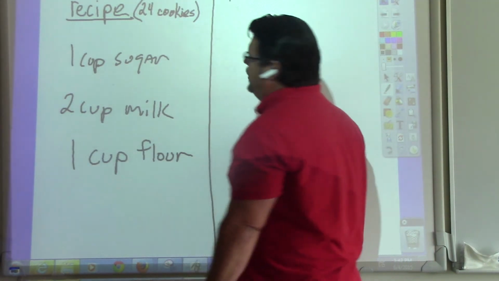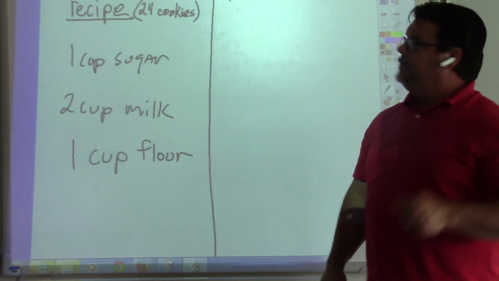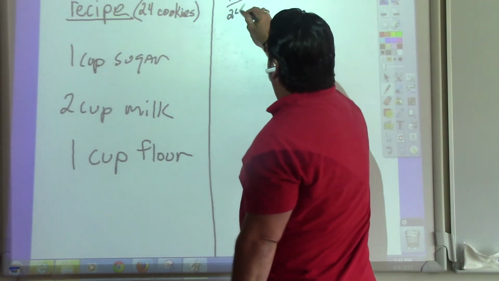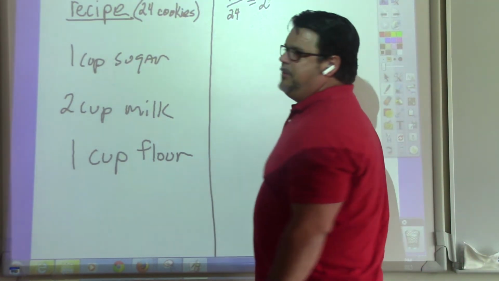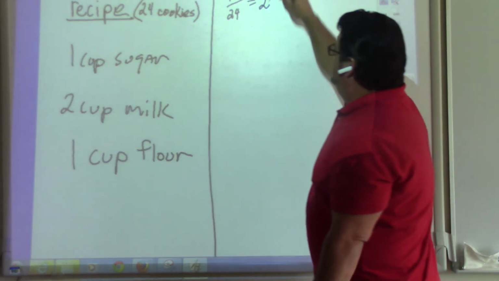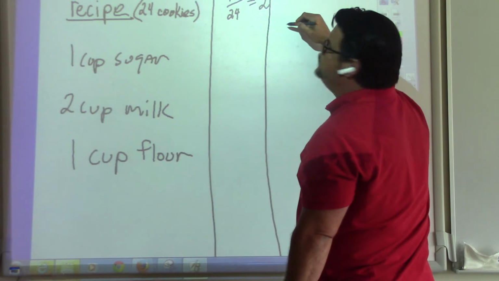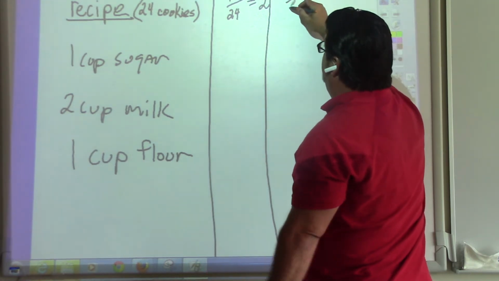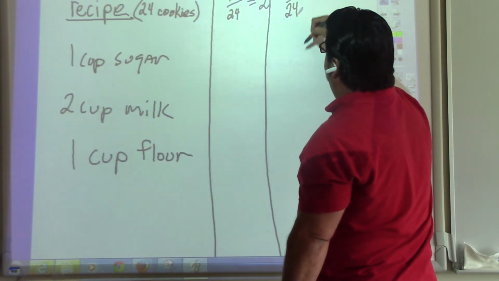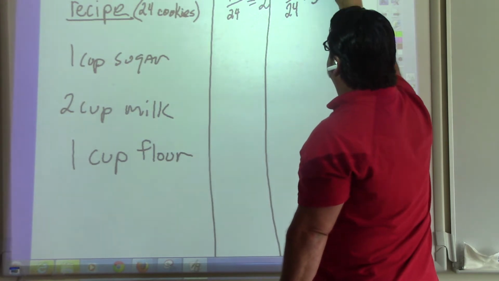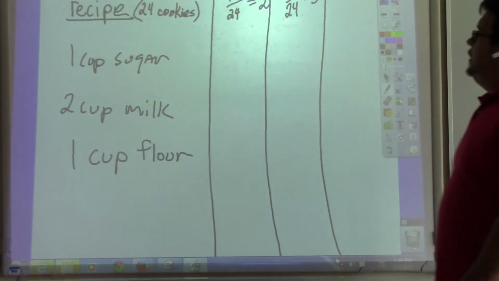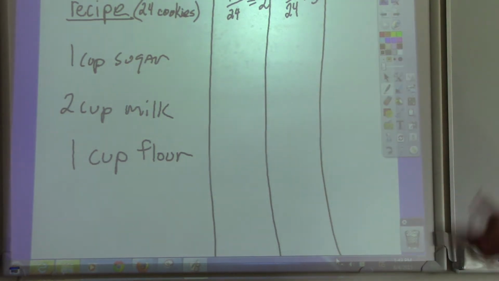48. If I want to make 48 cookies, well, 48 divided by 24 is 2. So I multiply everything by what? 2. Well, what if I wanted to make 72 cookies? 3. Well, you divide 72 by 24 and you get what? 3. So I'm going to make 3 cups of sugar, 6 cups of milk, 3 cups of flour.